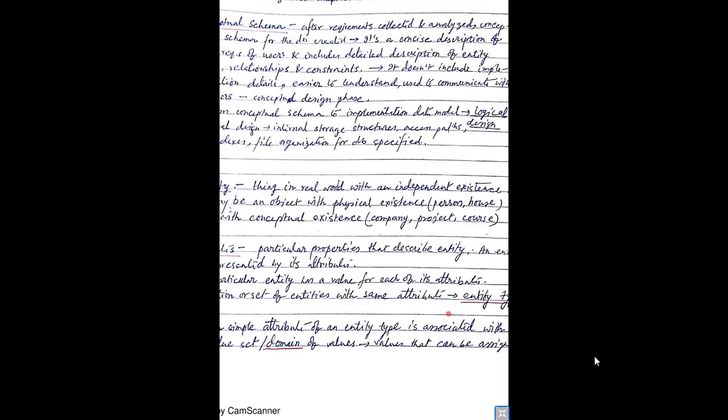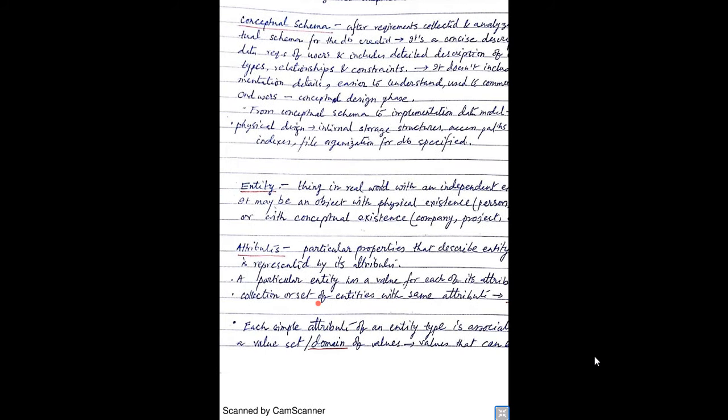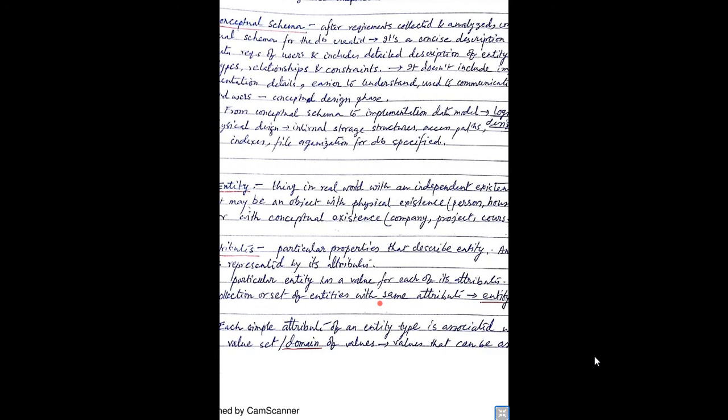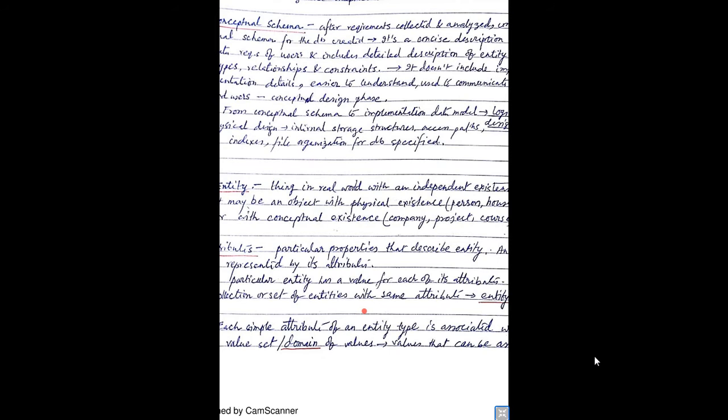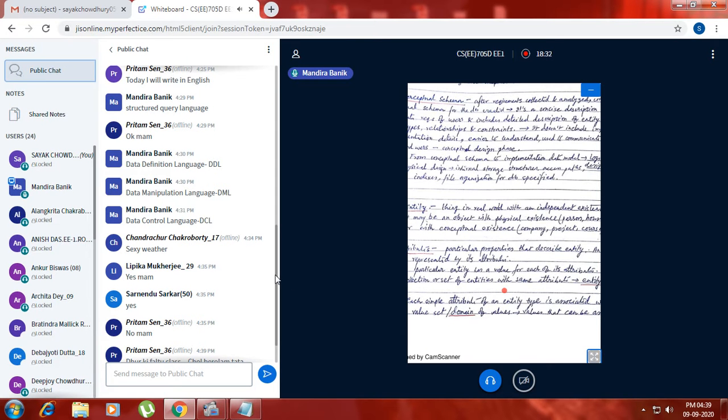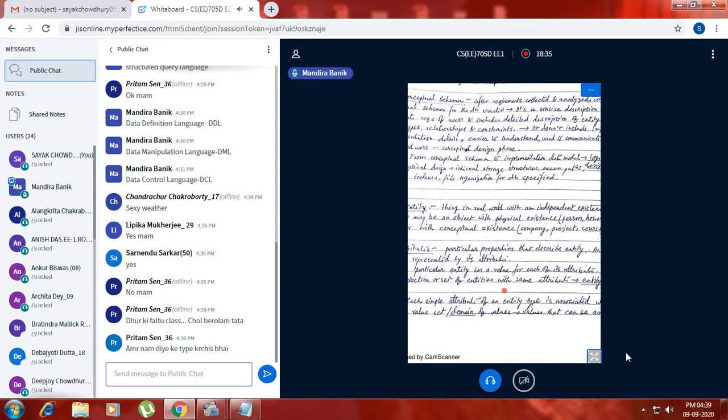What is the difference between entity and entity type? For example, I am a teacher, so myself an individual entity, but the set of all teachers, the teachers who are teaching you, makes the entity type.